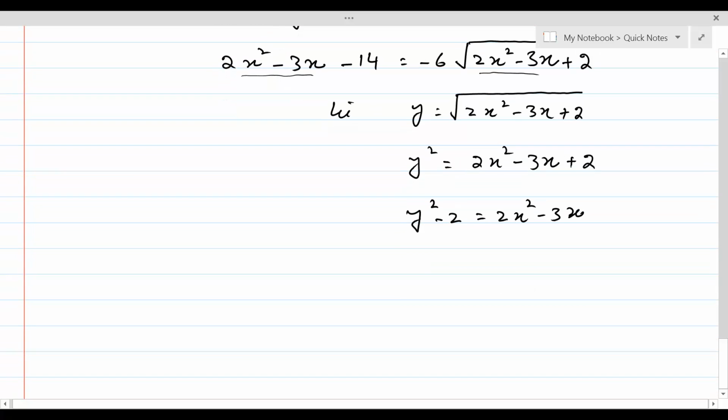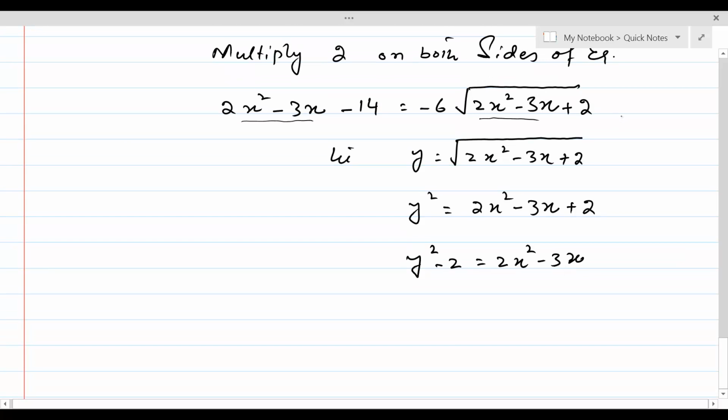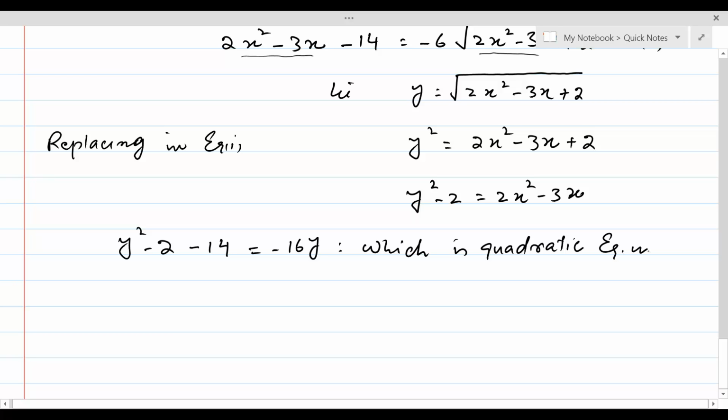So replacing these values of y and y square minus 2 in equation number 1, we have y square minus 2 minus 14 equal to minus 6y, which is a quadratic equation in y.